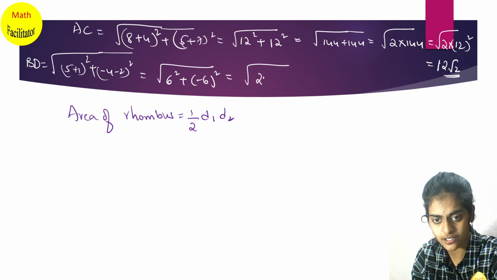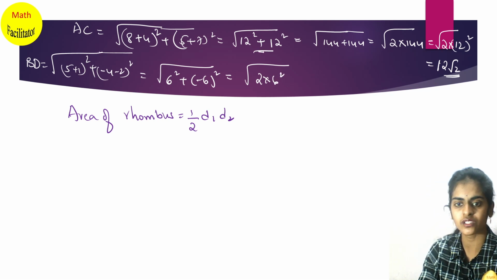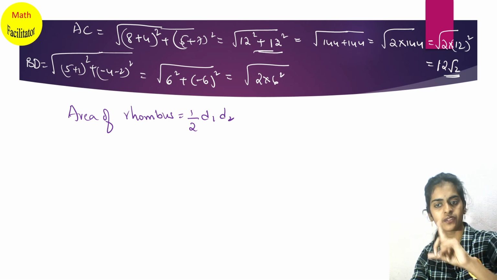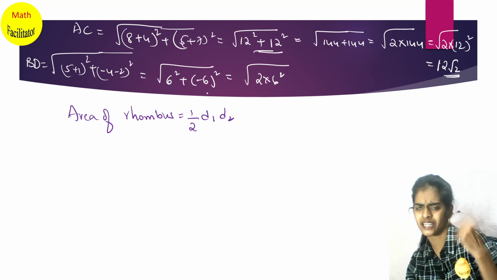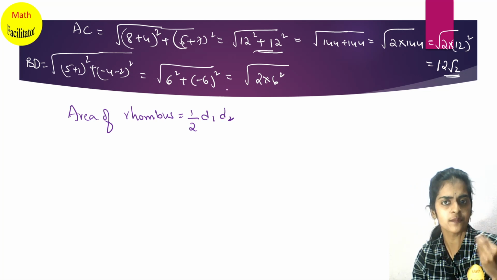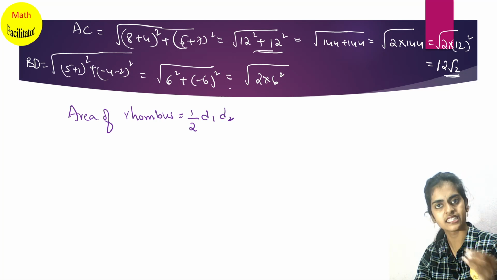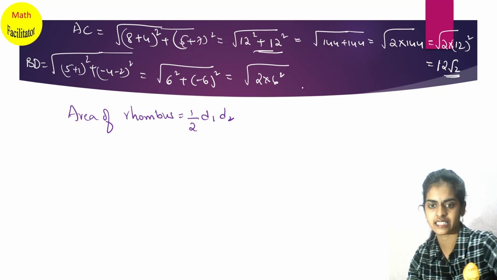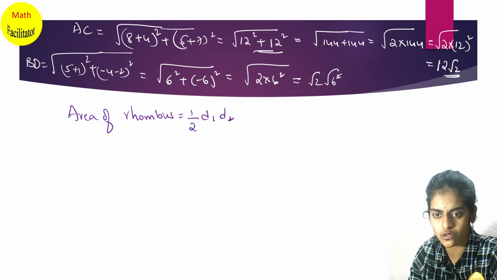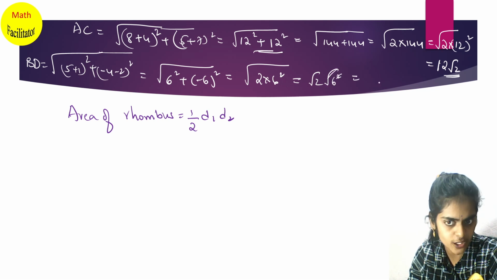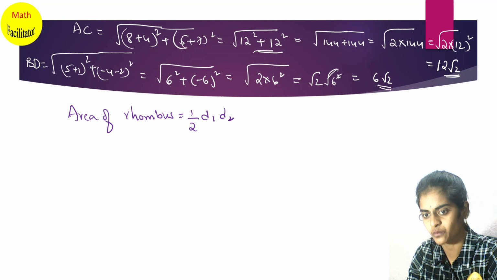I can write this as 2 times 6 square, similar to the previous step, where 12 square plus 12 square we wrote as 2 times 12 square. 6 square is 36, minus 6 whole square is also 36. So this I can write as root 2 into root 6 square. Square and square root get cancelled. So you have 6 root 2.